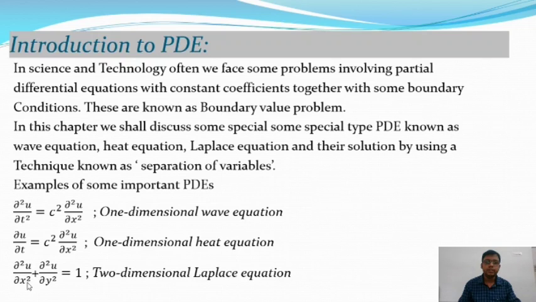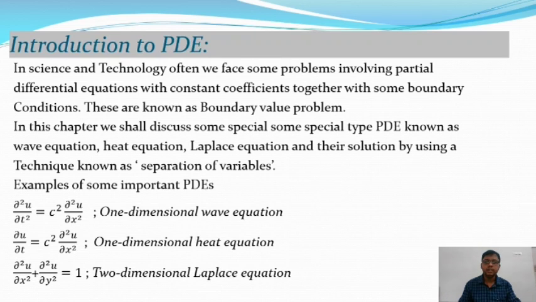And ∂²u/∂x² + ∂²u/∂y² = 0 is called the two-dimensional Laplace equation. In the first equation, u is a function of x, t, and in the second one it is also a function of x, t. So there are two variables, x and t. But in the third problem, the function u is a function of x, y.